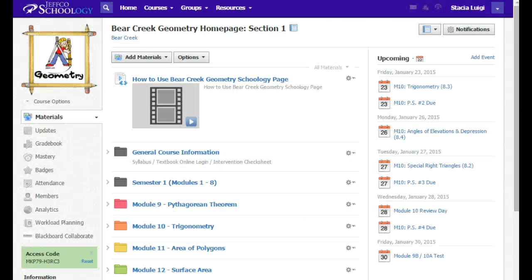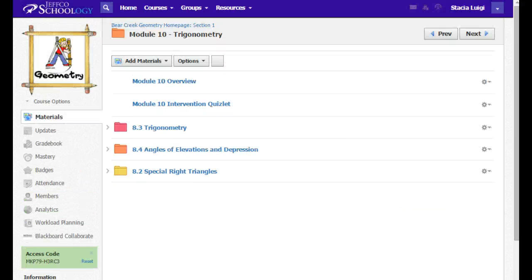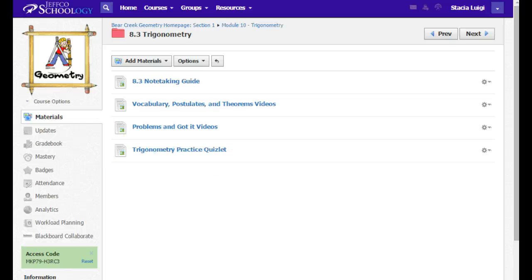I'm going to pull that up here. Once you're enrolled in Schoology, there is a video of how exactly to use Schoology in here. You can see the calendar is over here. If a student were to miss a particular lesson, let's say in the trigonometry unit, there's your overview. If you missed the lesson on trigonometry, you could go in there, print off the note-taking guide, and watch the vocabulary videos to fill out the note-taking guide.